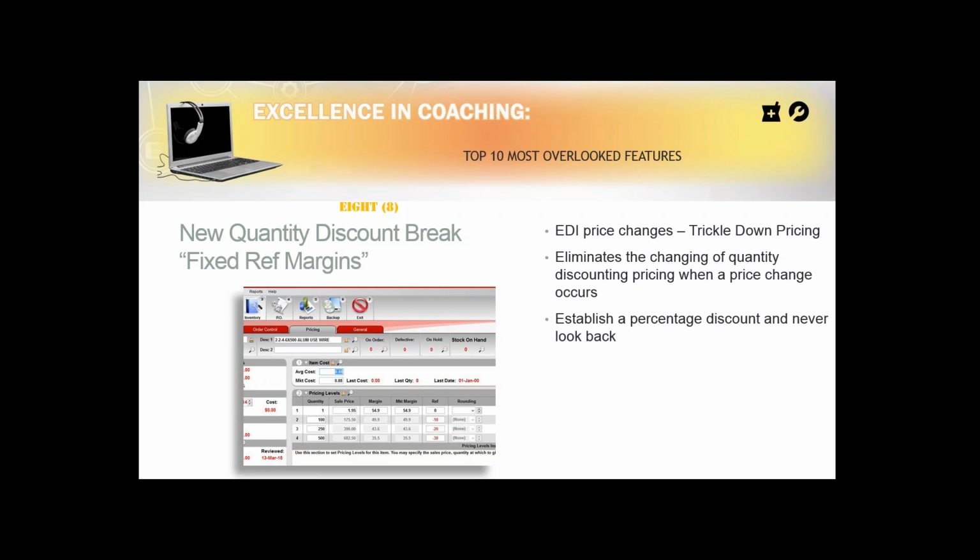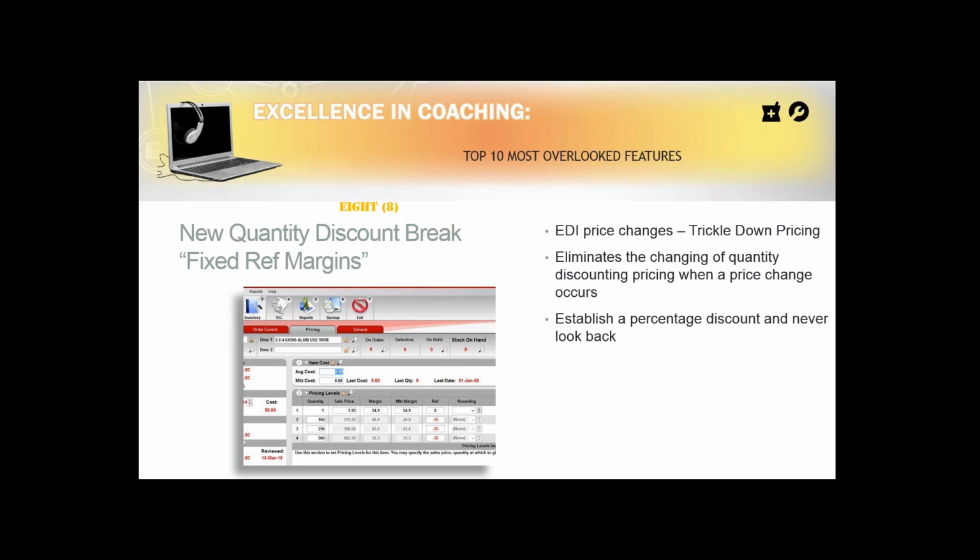What you do to set it up is under the reference margin for all those second and third and fourth tier pricing levels or quantity discount breaks, you put a negative number in that reference field as you see here on the screen. Like -10 would be a 10% off of the single price. -20 would be a 20% off the single price, and so on.